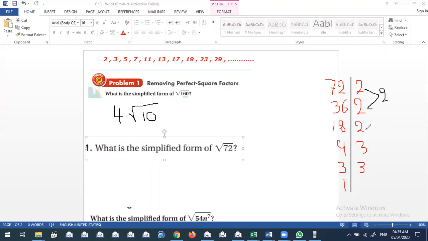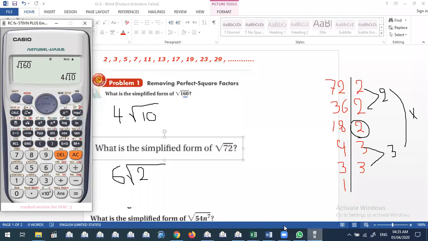There is no other 2. 3 and 3, take one 3. So the repeated numbers are 2 and 3. 2 times 3 is 6. Write the square root. The remainder number inside the square root is 2. So the answer is 6 square root 2.